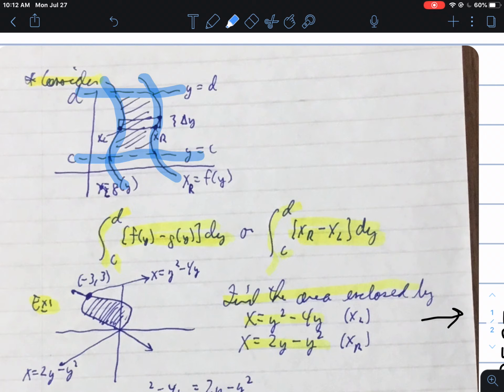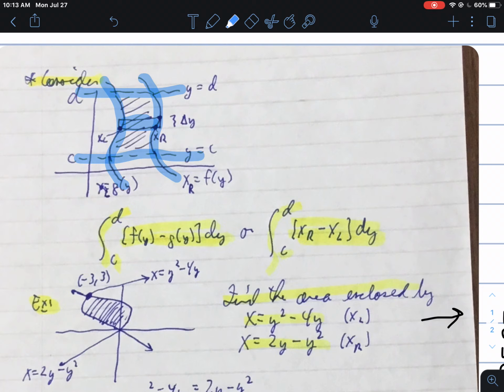Okay, so it'd be the same idea as integrating from left to right, but here I'm integrating from bottom to top. And then to get a positive value for the difference between the functions, I would take the function on the right minus the function on the left. All right, so if you look at the little rectangle I have drawn in there, it's all about finding the area of each of those little rectangles.